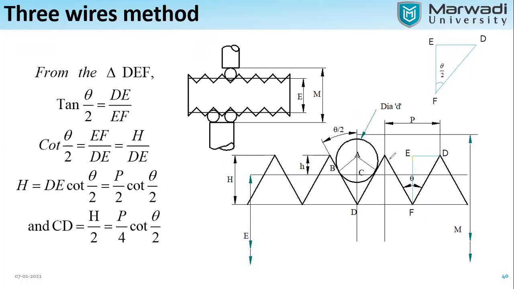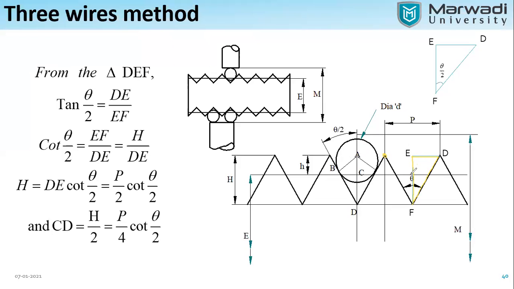First, this vertical line is known as E at this top point. Don't say that A is the center; A is up to the peak point of this part. A is somewhat away from the top point of the screw thread. So here it will be line E, D, F.